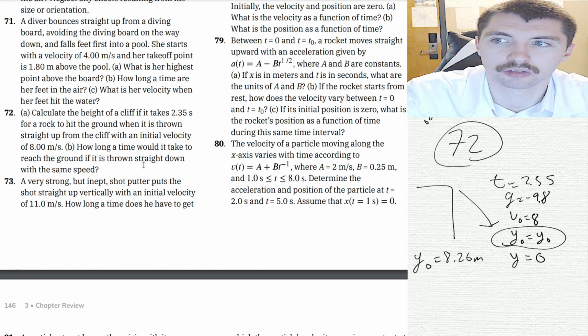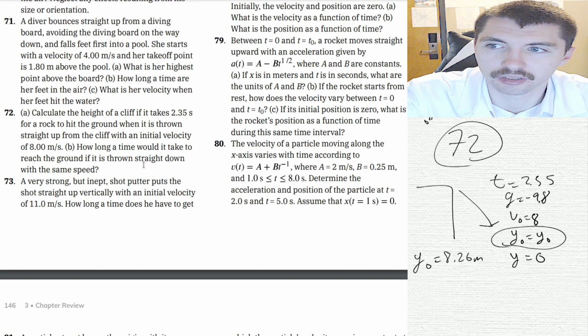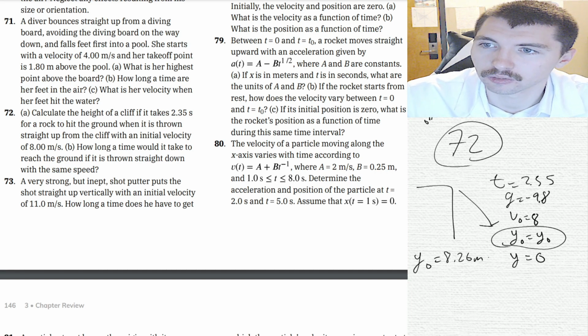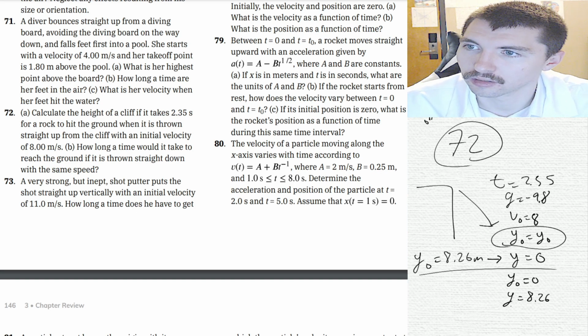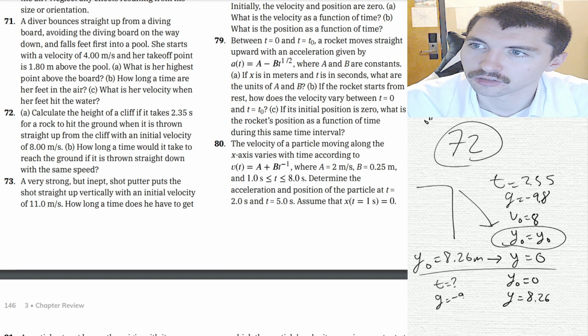Okay. It's throwing down at the same speed. So now we're going to plug this in as this, with y naught. Okay, so we want to know how long it is. So what's t when g is 9.8, v naught is 8.